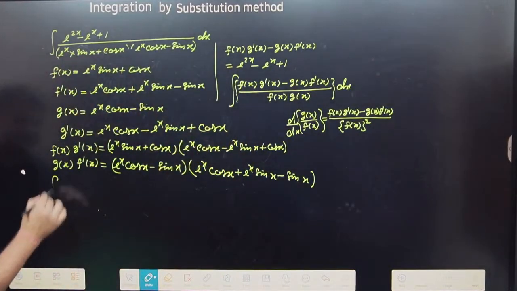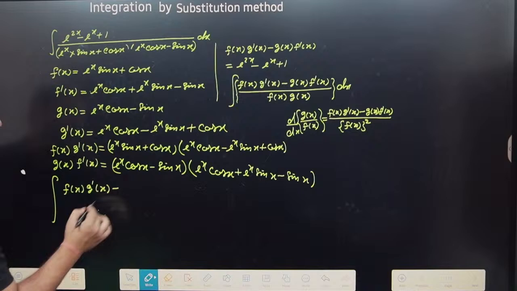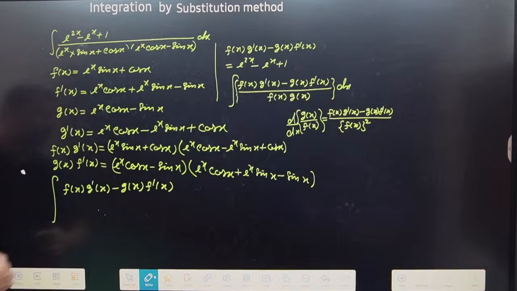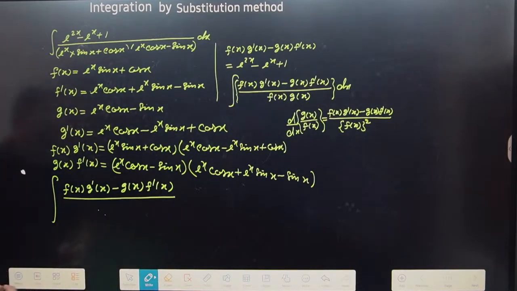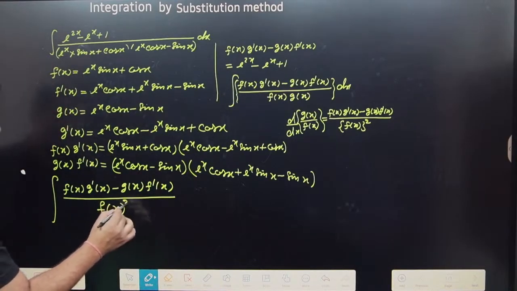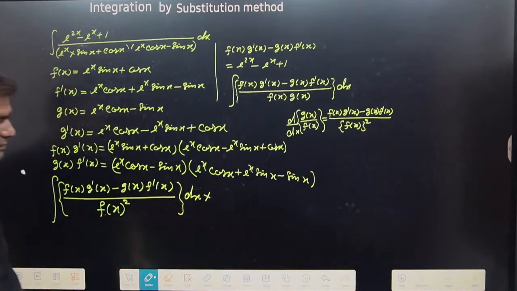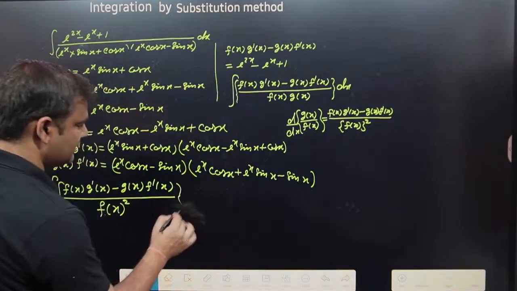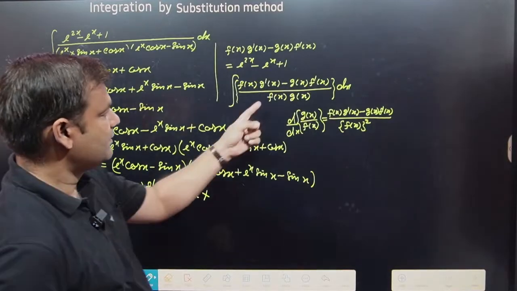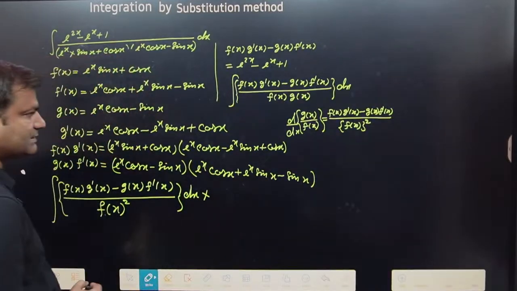If this one, then that is written f of x into g prime x minus g of x into f prime x divided by f of x square, into dx, and on both sides we multiply and divide by f of x.